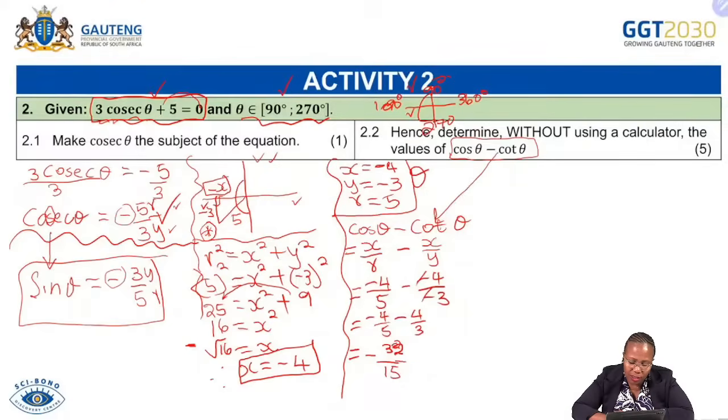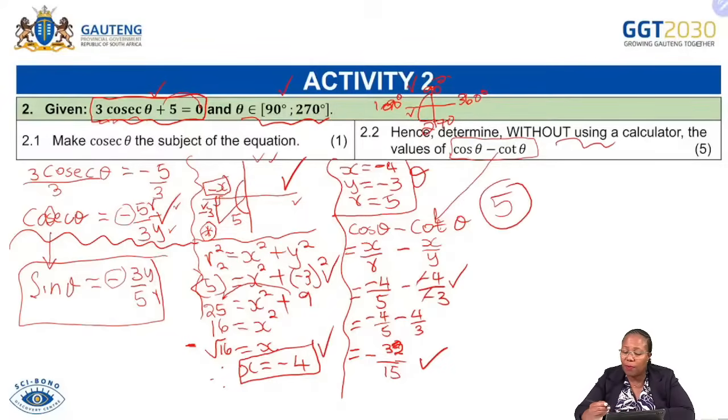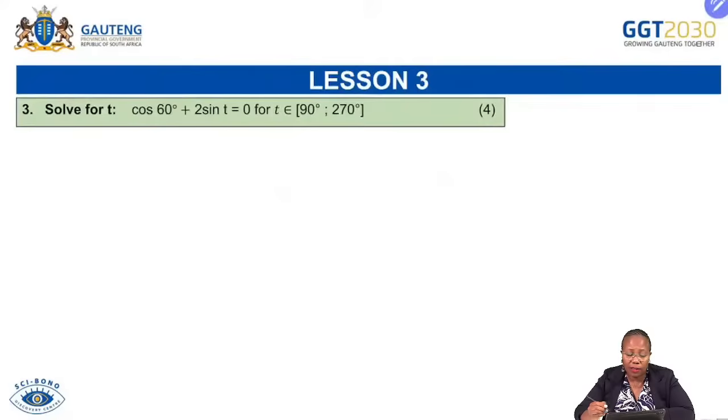Do not change this into decimals. You must leave it in fraction form because they said without using a calculator there. So the first mark will be for substitution. The second mark for the answer there. The third mark for the diagram, for substitution into Pythagoras and for the correct x value. Therefore, this problem is worth 5 marks, grade 12.